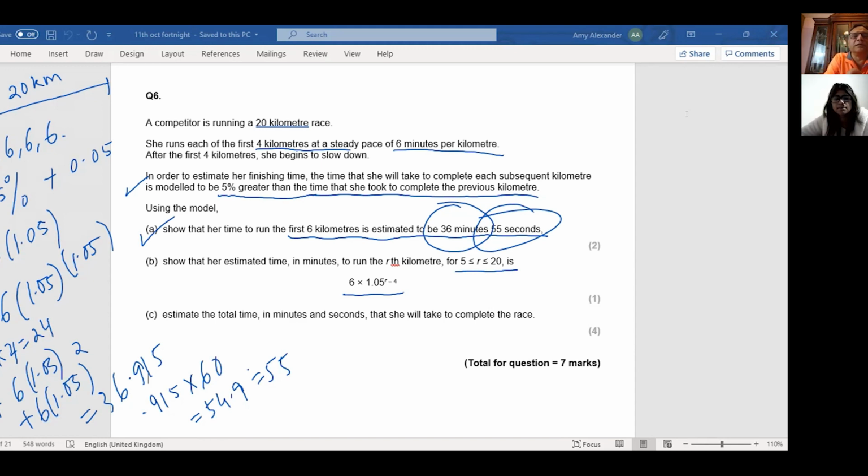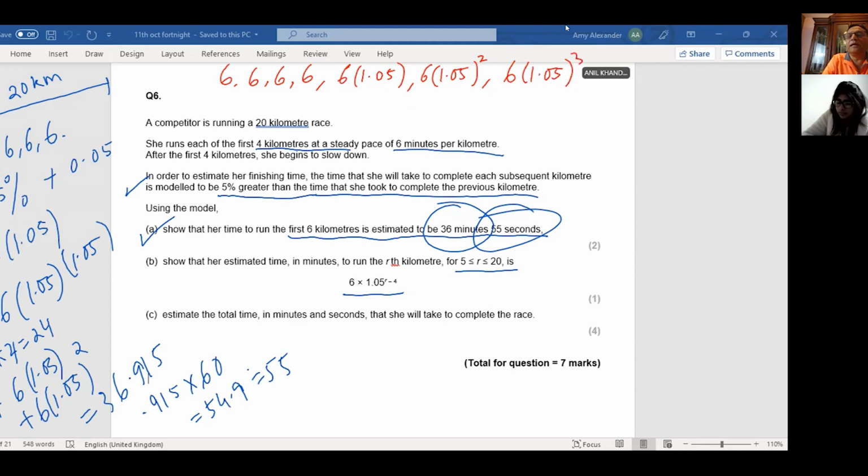We have first term, second term, third term, fourth term, correct? Now, after that, subsequent terms, the time is increasing. She's tired, right? So 6 times 1.05, and then 6 times 1.05 squared, and then 6 times 1.05 cubed, and so on.